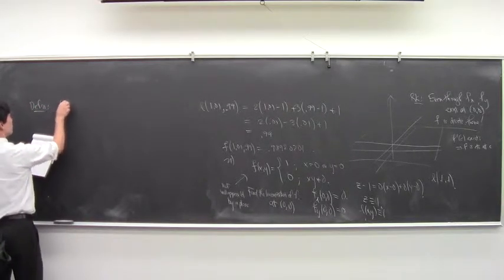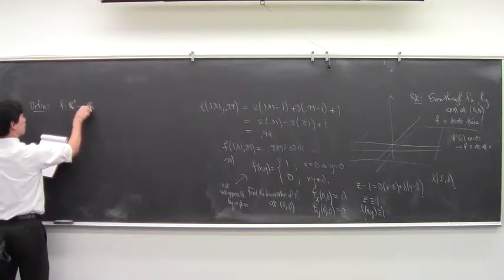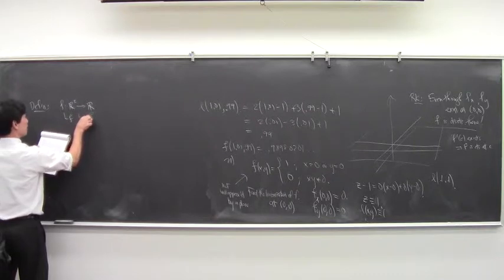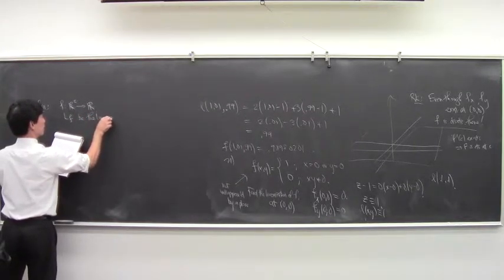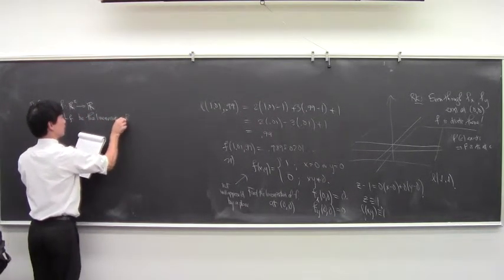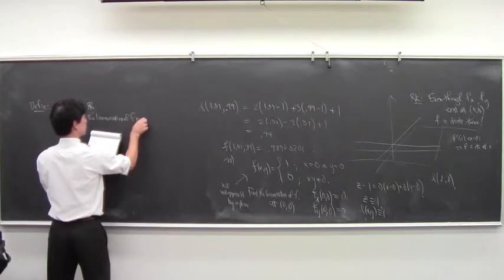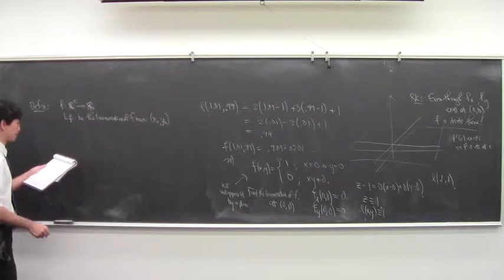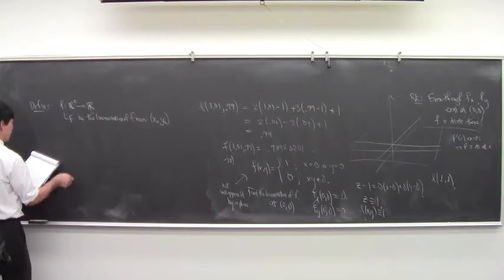So you have some function from R2 to R, and you let L sub f be the linearization of f near a point (x naught, y naught).